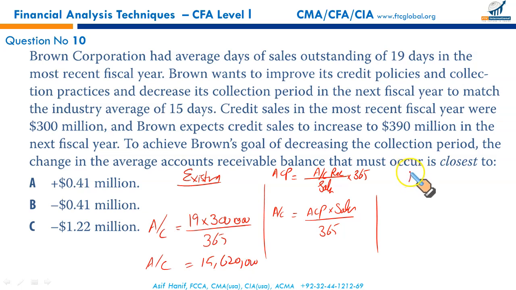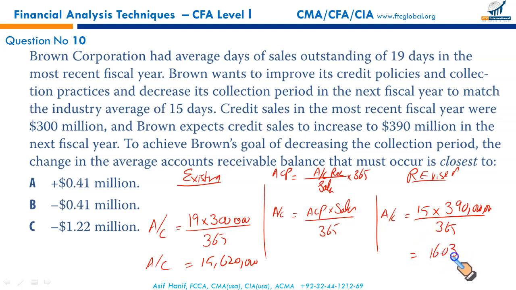Now, under the new revised arrangements, use the same formula. What would be the new account receivable balance? If we want to bring our collection period to 15 days, our expected credit sales are going to be 390 million divided by 365. If you solve this all, you will get 16.03 million.